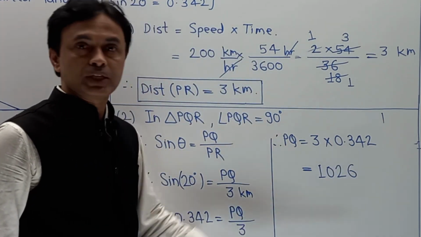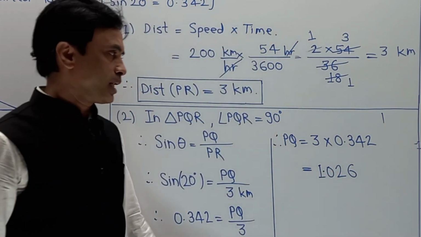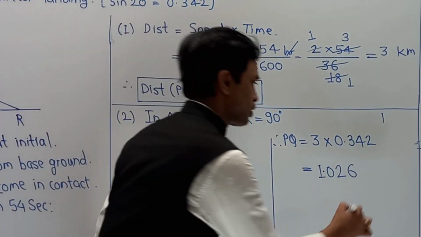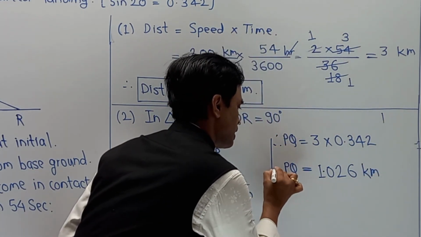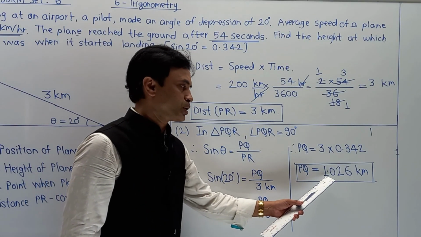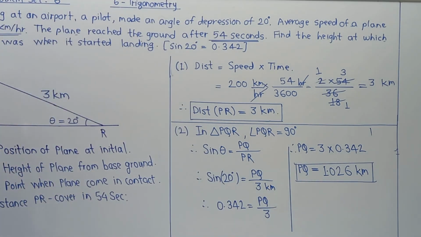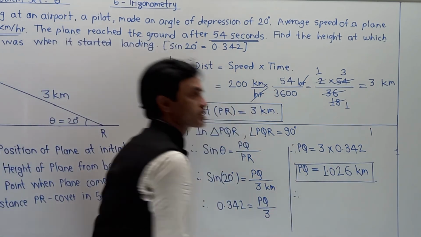Decimal 1, 2, 3 decimal places, so the decimal is over here, and naturally this 3 is in kilometer, means this answer is also in kilometer, and that is the value of your PQ, and this is the main answer. By this way your answer, that is PQ, is equal to 1.026 kilometer, means you can have a logical part over here. Height PQ required from the ground level is 1.026 kilometer.